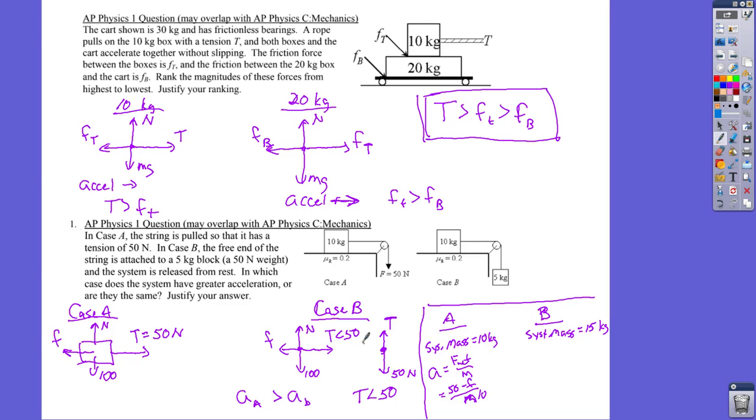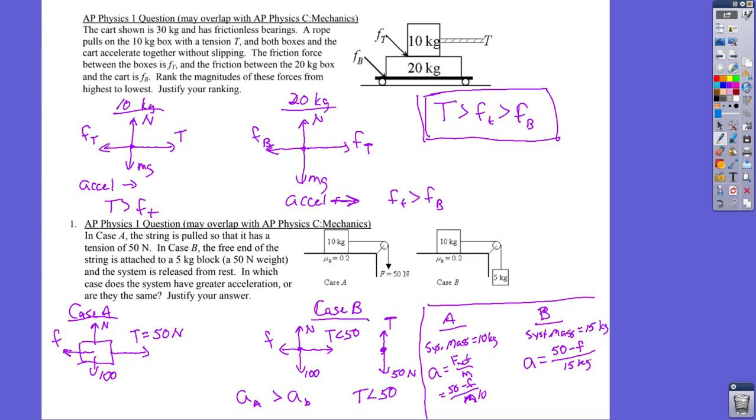So these two cancel out. So the net force on the system is still the 50 newton weight minus F, but now the system mass is 15 kilograms. So the acceleration is going to be less. So you can make a case both ways. I really want to emphasize that.